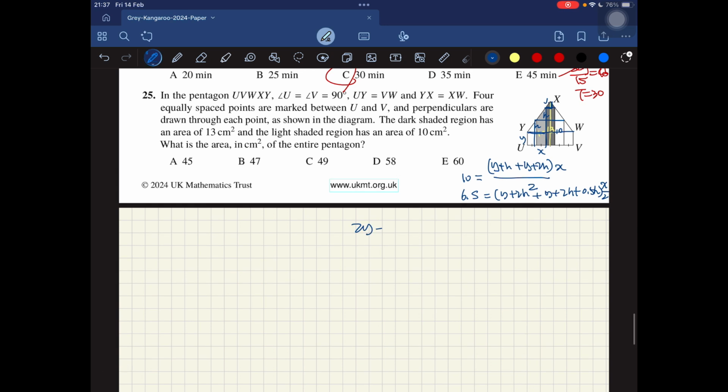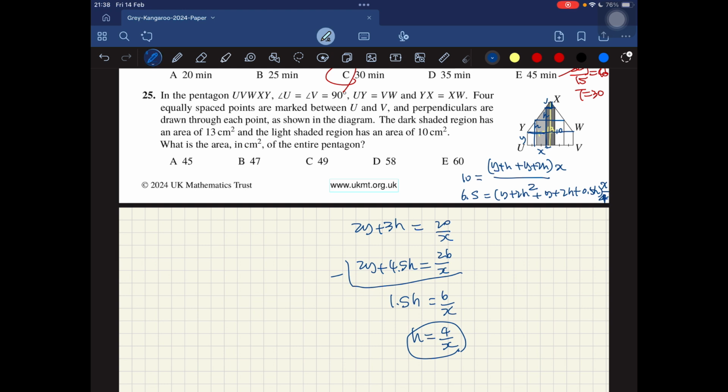So the first one, 2y plus 3h becomes 20 over x, and this one, 13 over x becomes 2y plus 4.5h. So when we calculate it, but this makes h negative. No, because this is 4. So this one is 26. So 6 over x. So h is 4 over x.